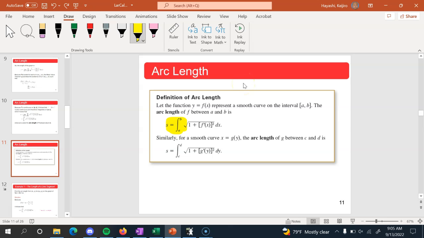Okay. This is the formula for arc length. This is also the formula for arc length, but it's dy. There's really not that much to it. The whole thing is under a square root. There's a 1 plus, and then whatever f prime is, you square it, and it's 1 plus that underneath the square root.